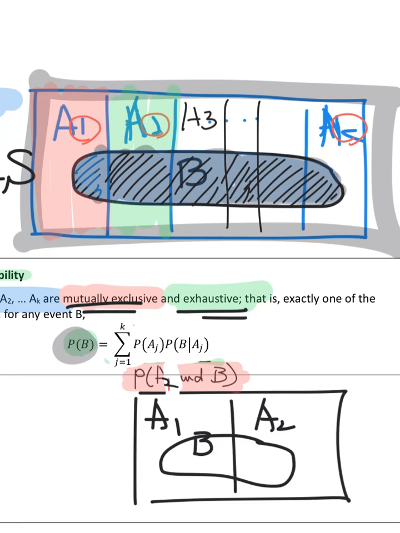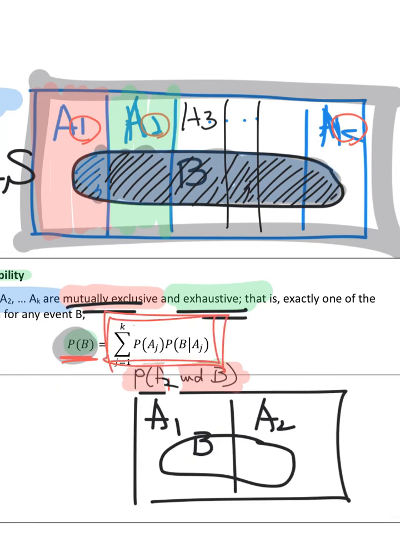We had only one B. Based on the Venn diagram, the sample space was partitioned by the A's, and we added B. The probability of B will be the summation.